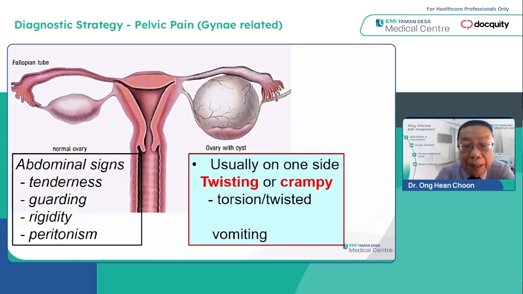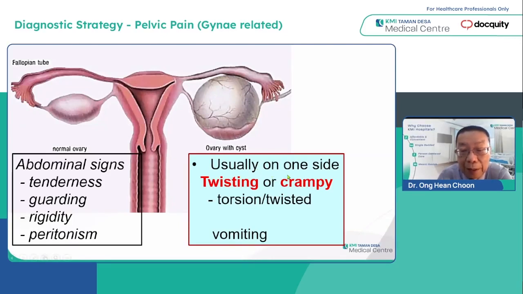Occasionally, you will find that the pain in the cyst is not really very sharp, but it is of a twisting nature. And the patient may be able to describe to you, look, doctor, I have this twisting pain in my side there, and I'm told I have an ovarian cyst.